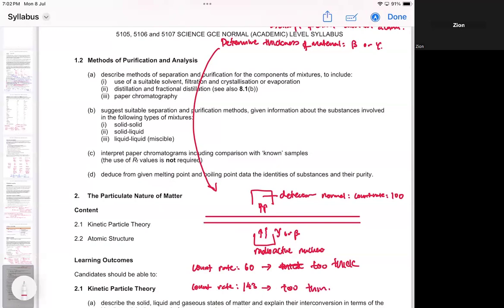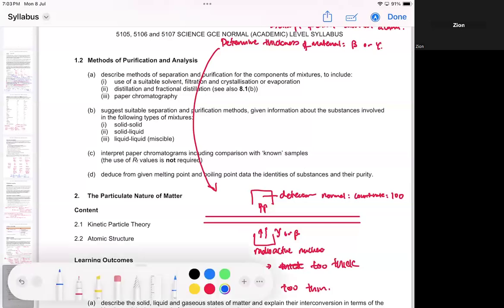Understand? So for this one we will use beta or gamma rays to do it. Why do you think this one cannot use alpha? For determining thickness, alpha is not suitable. It cannot go through, right? Why can't it go through?